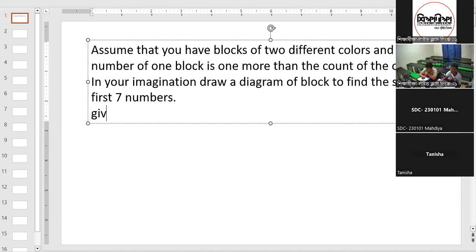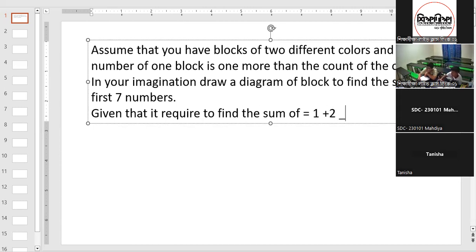So given that, it requires to find the sum of 1 plus 2 plus ... so this is the number of blocks.